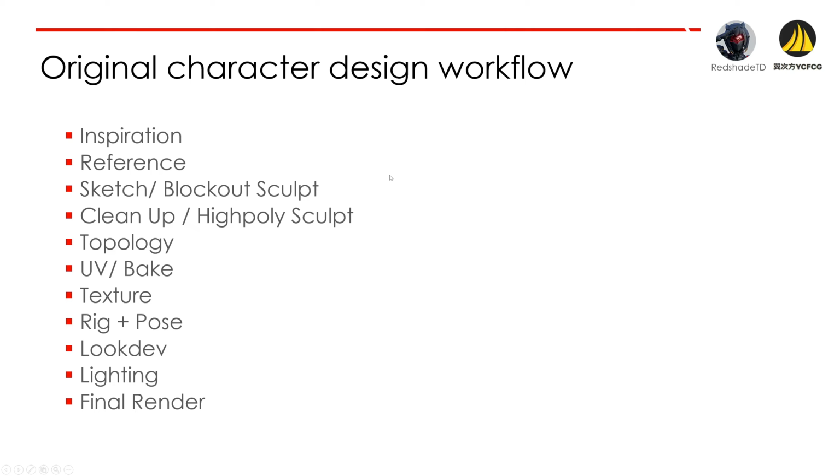Let's say we already have a concept art, that will eliminate some work from the inspiration and reference phase. If we're making a game model, topology, UV, and bake are going to be a little bit heavier. If we are making a film asset, the topology phase is going to be a little bit lighter. And if we are making a portfolio piece, you're most likely going to do all of these.